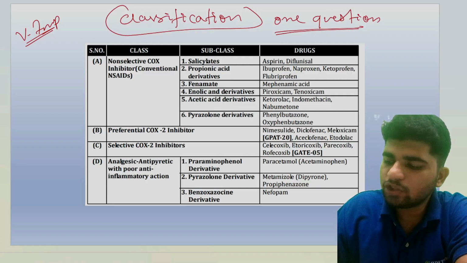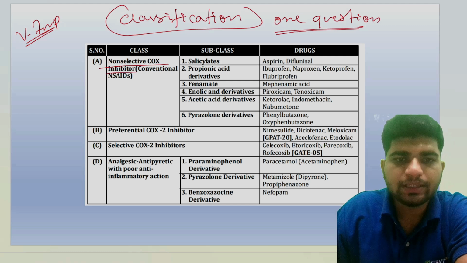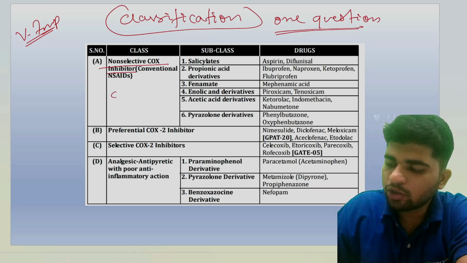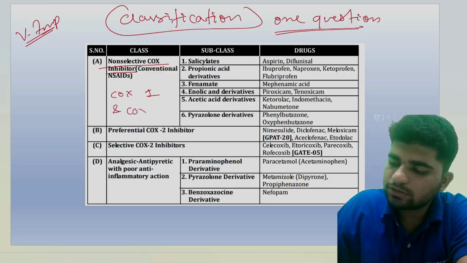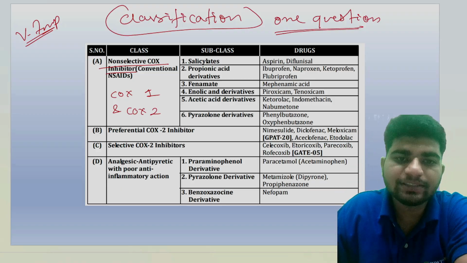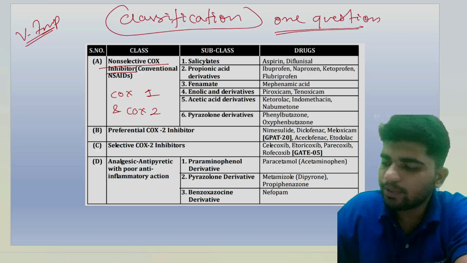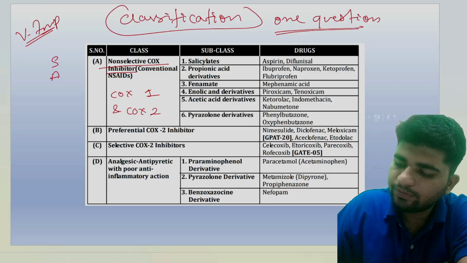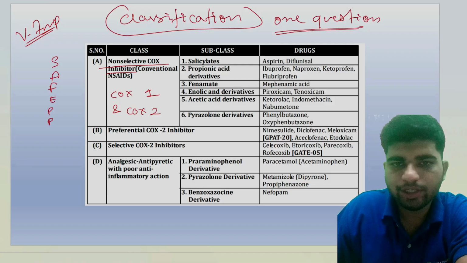A is non-selective COX inhibitors. That means they act on COX-1 as well as COX-2. This can be learned through SAFE PP.